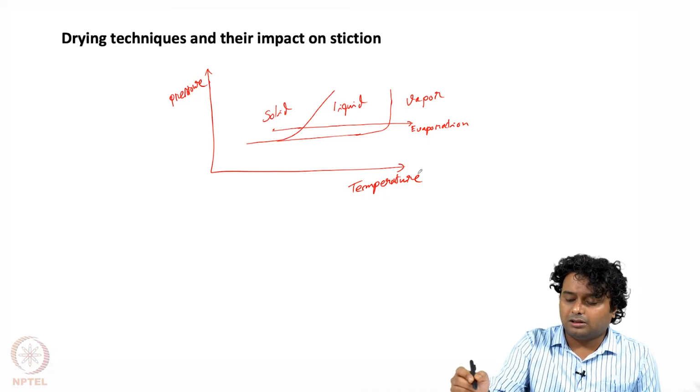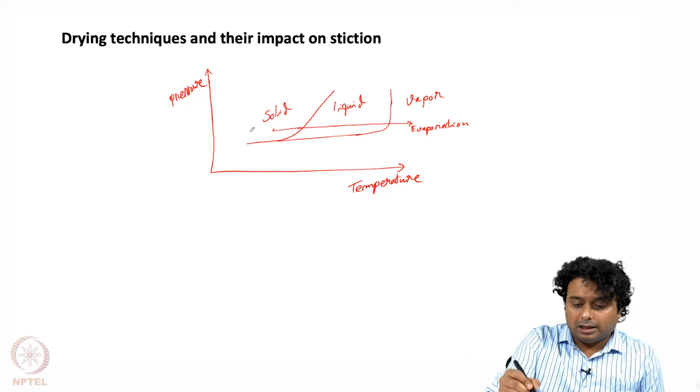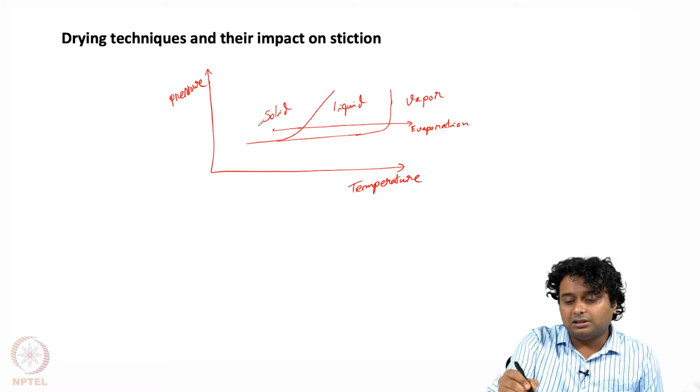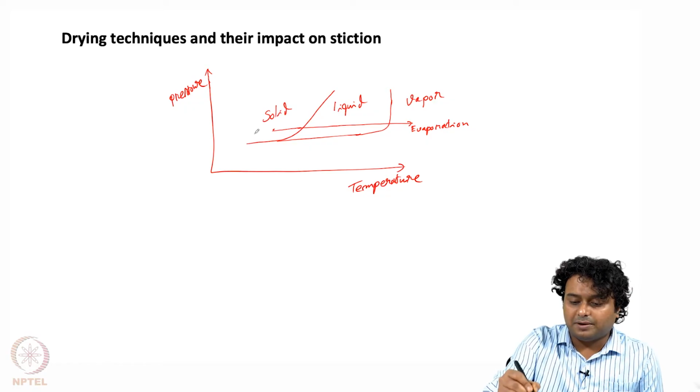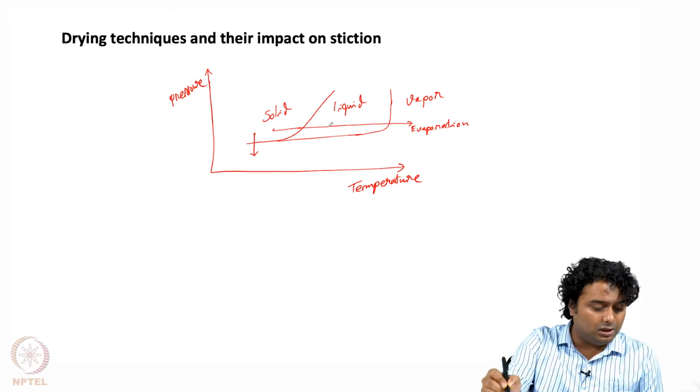As I was discussing sublimation, there are materials which can go from solid phase to vapor phase directly. So sublimation happens from solid phase to vapor phase directly without going through the liquid.